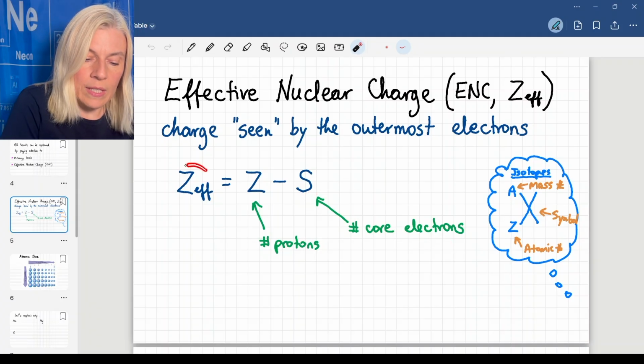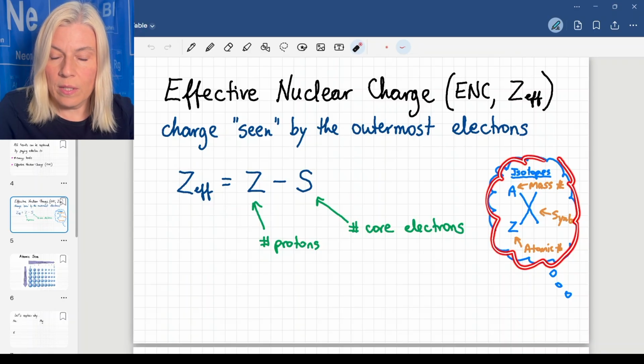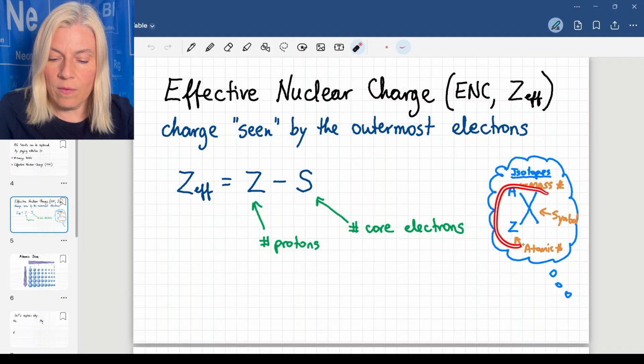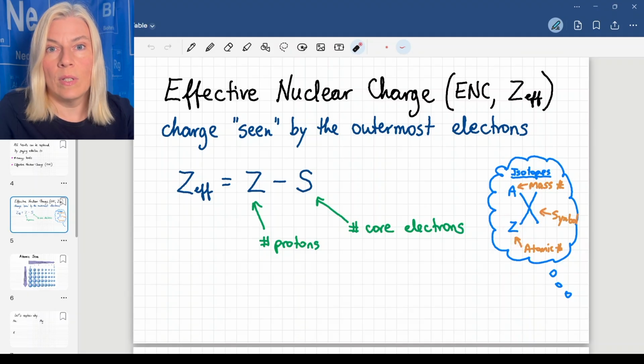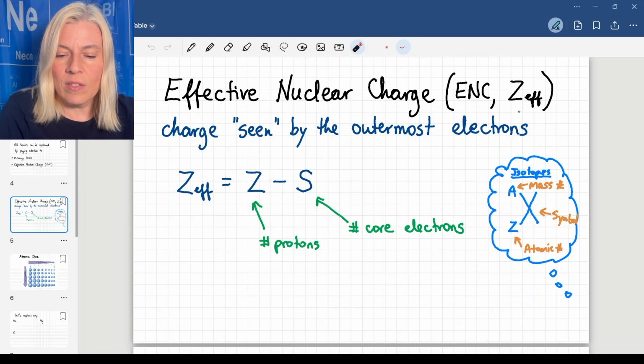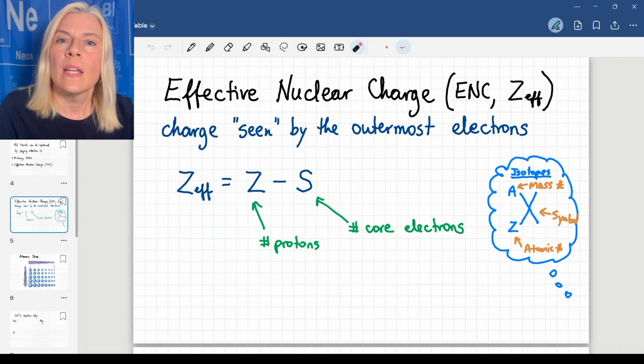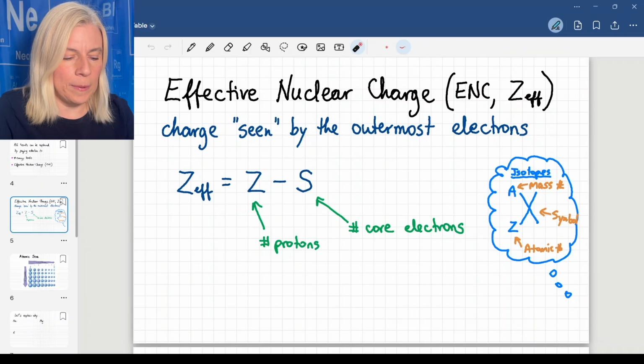And now this explains where Z comes from. If you remember way back when we talked about isotopes, the symbol for isotopes was kind of like this. And our atomic number was written as Z, and this is your number of protons. So this Z is this Z, number of protons, and this is called Z effective. It's as if it sees how many protons. So I'll show you how to do that.